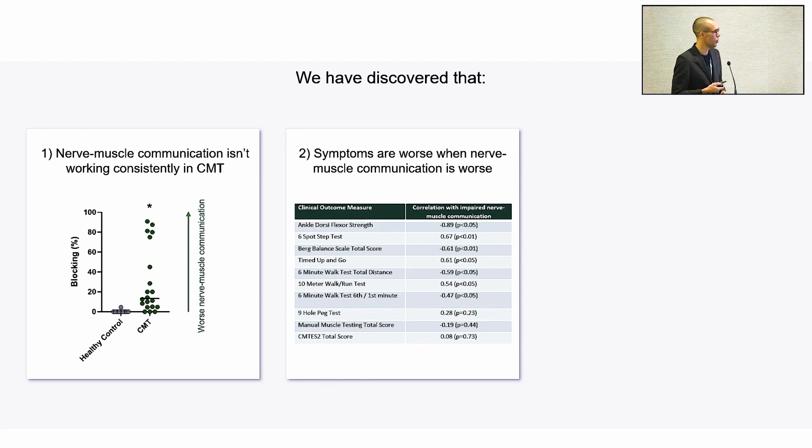We went one step further and looked at the association between the impairment in the ability to transmit signals and the clinical symptoms. And we saw quite striking associations between impaired nerve-muscle communication and clinical symptoms such as muscle weakness, muscle fatigue, balance, and mobility.